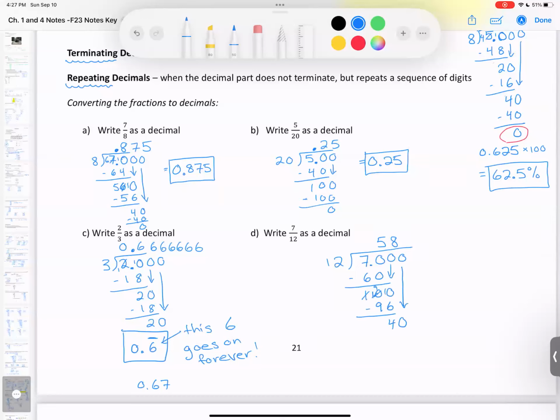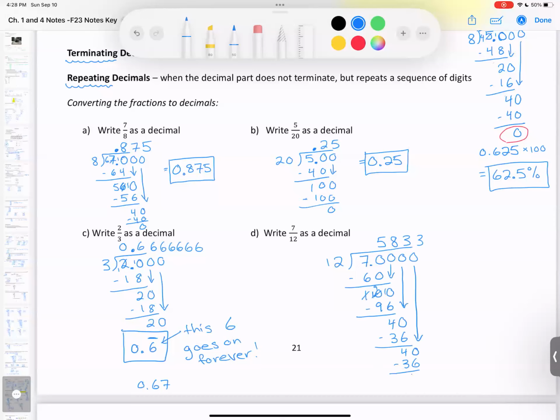So now let's drop down another number. How many times does 12 fit into 40? It would go 3 times. 3 times 12 is 36. So I end up with a 4 again. Drop down a 0. How many times does 12 go into 40? 3 times for 36. And maybe you see a pattern here.